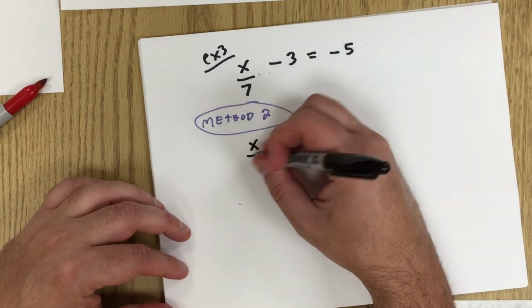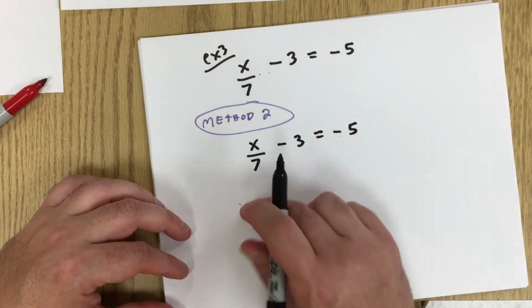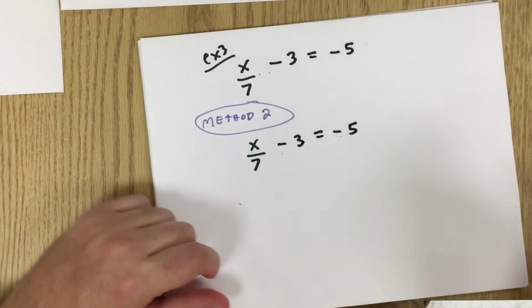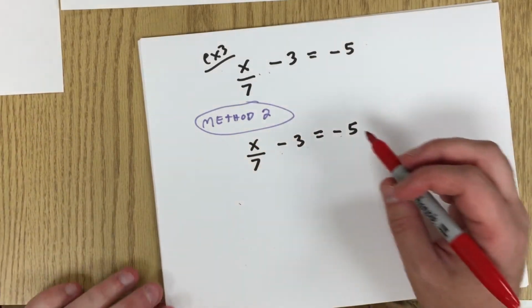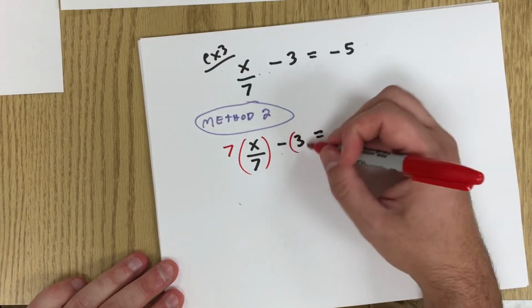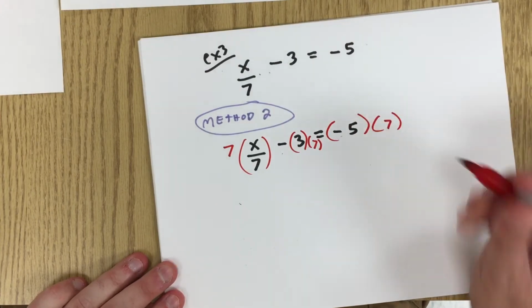The tricky part here is we have two things on the left side: the 7 and that term. When you multiply a side, you actually have to multiply every term on that side. So this is going to be multiplied by 7, and this by 7, and this by 7.